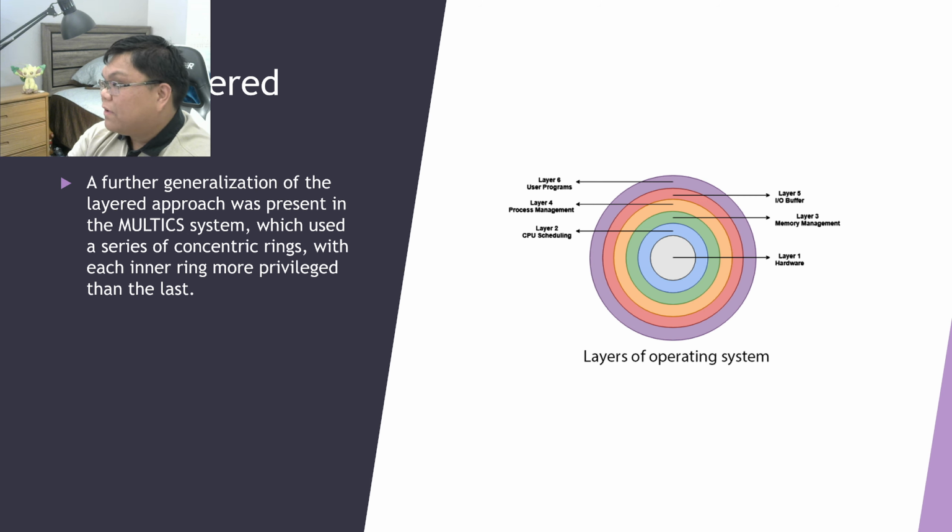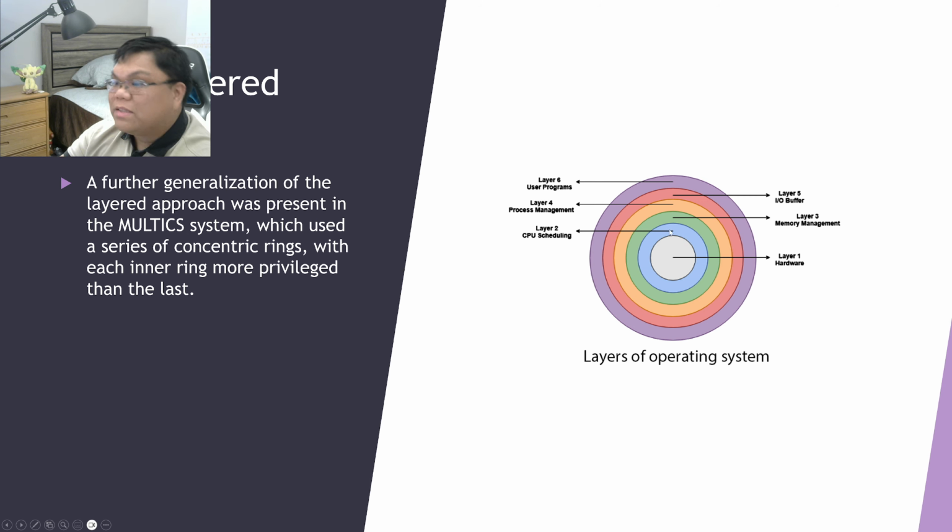There is a further generalization to the layered approach, and this was present in the Multics system. This system consisted of a series of concentric rings, each inner ring more privileged than the last. If the outer ring was all of our user programs, the innermost ring, which I guess is really just the core now, was the hardware itself.